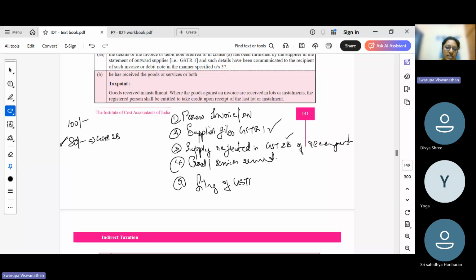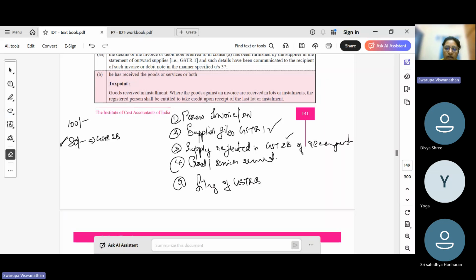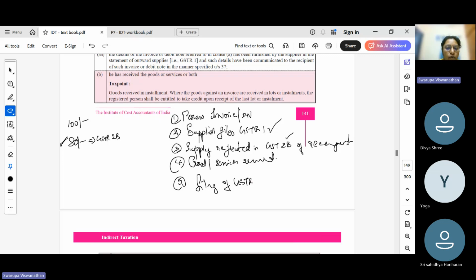Then, filing of GSTR 3B by the recipient. How can you avail the credit? You can avail the credit only in GSTR 3B. If the recipient does not file GSTR 3B, they will not be able to avail the credit. So the supplier has to file GSTR1, it will be reflected in GSTR 2B, and it will be availed in GSTR 3B.